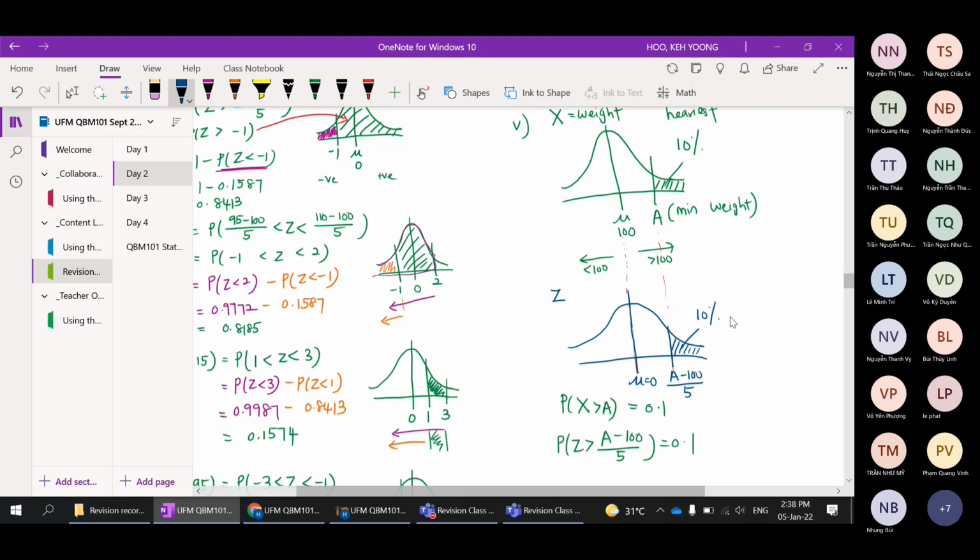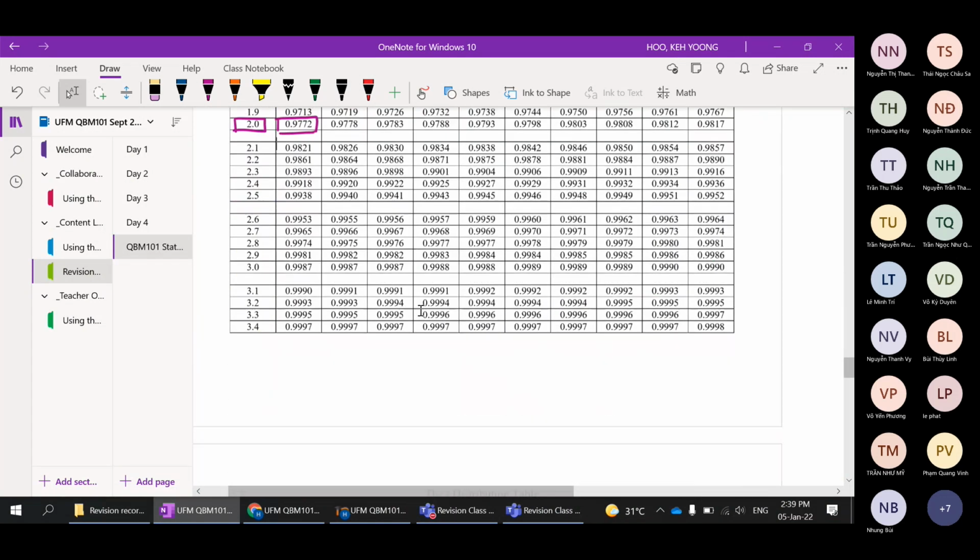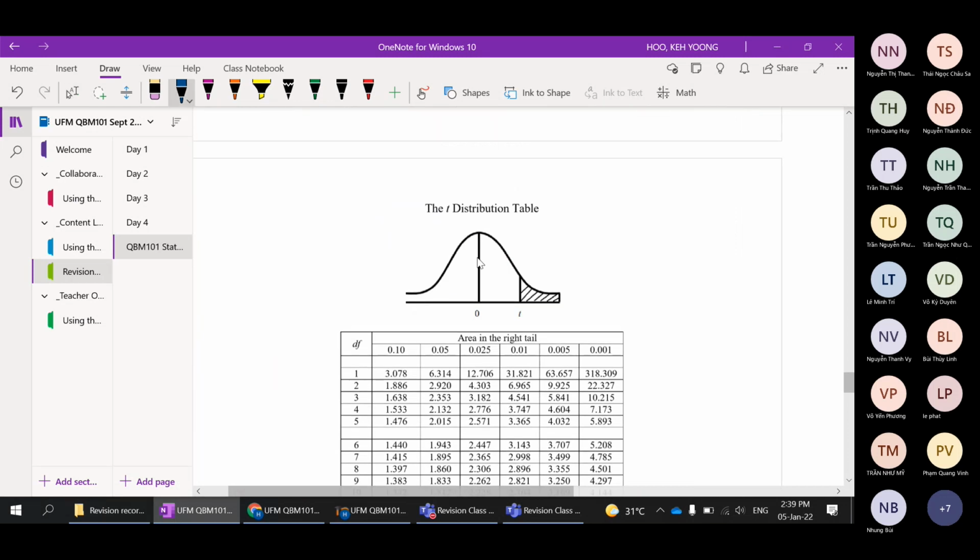Okay. So to find this value at 10%, what is this Z value? I'm not sure how you learn it. How I teach my students is I will refer to the T distributions table.